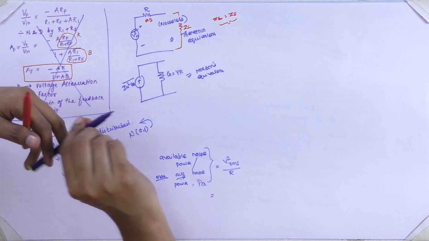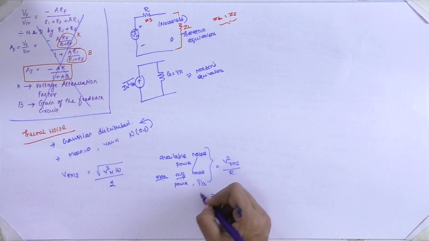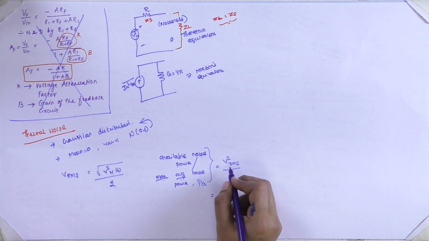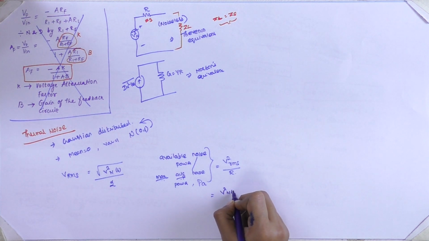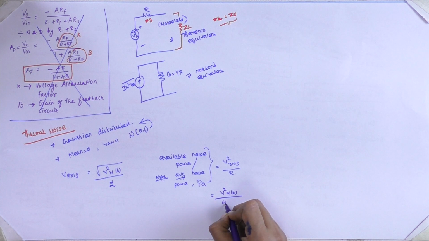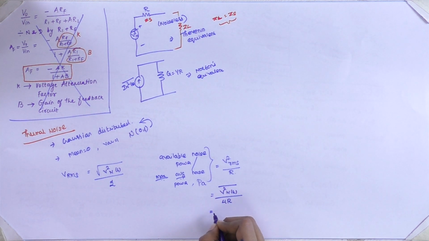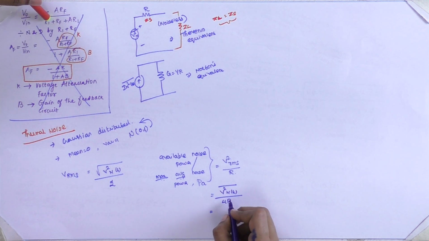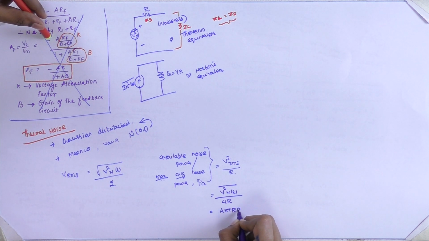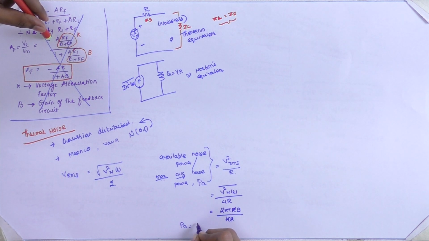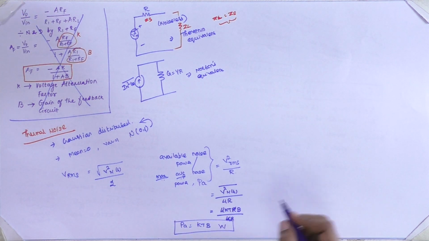To calculate the maximum average noise power or available noise power, our formula is V square RMS divided by R. V square RMS is V square n of t divided by 4R, the ensemble value. We know that V square n of t, the mean square value of the thermal noise, is 4kTRB, divided by 4R. Therefore, our PA value is equal to kTB watts, the unit of power.